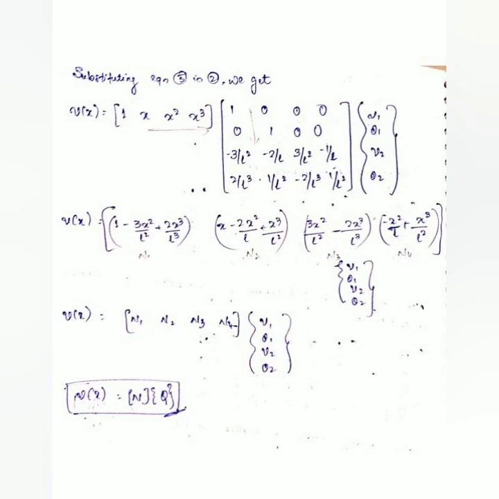So this is the interpolation expression for the beam element. So v of x equals the shape function matrix N multiplied by the displacement matrix q, and n1, n2, n3, n4 are expressed in the previous equation in terms of x and the length of the beam element, which is shown on the page.